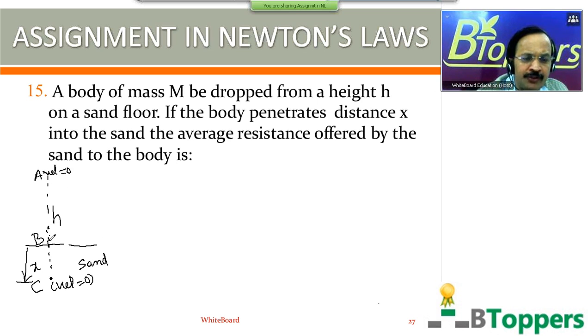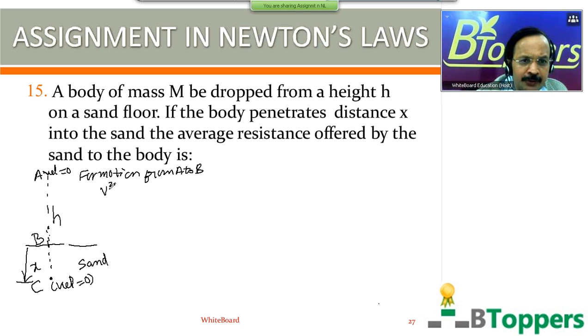Velocity is 0 at A. So for motion from A to B, it moves under the influence of gravity like a freely falling body.